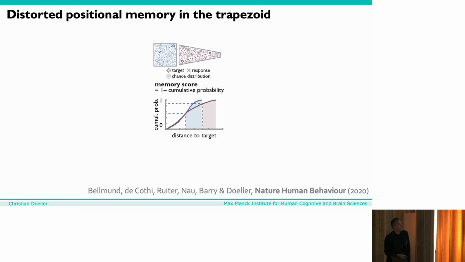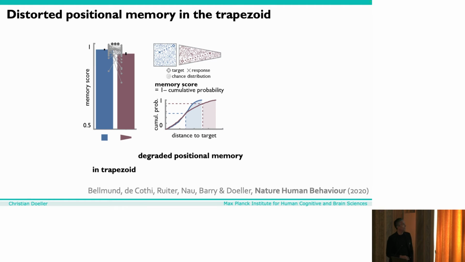So first we looked at spatial memory. We quantified memory by also taking into account the possible difference between the error distributions in these differently shaped environments. And memory is better in the square. Participants are significantly better in spatial memory in the square compared to the trapezoid, controlling for the differences in error distributions in the 2 environments.